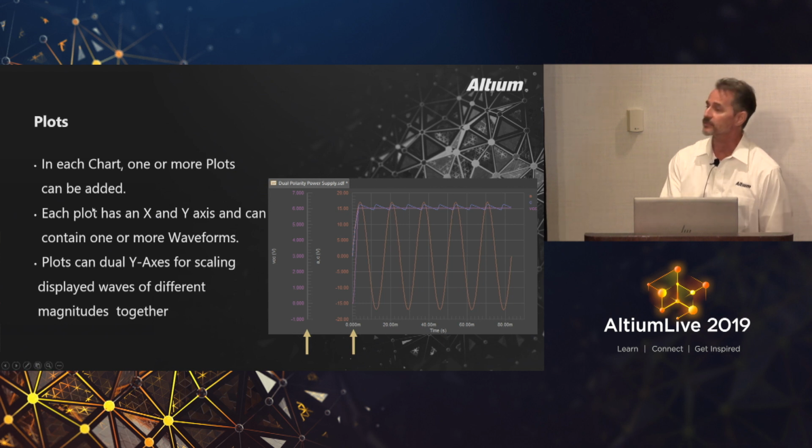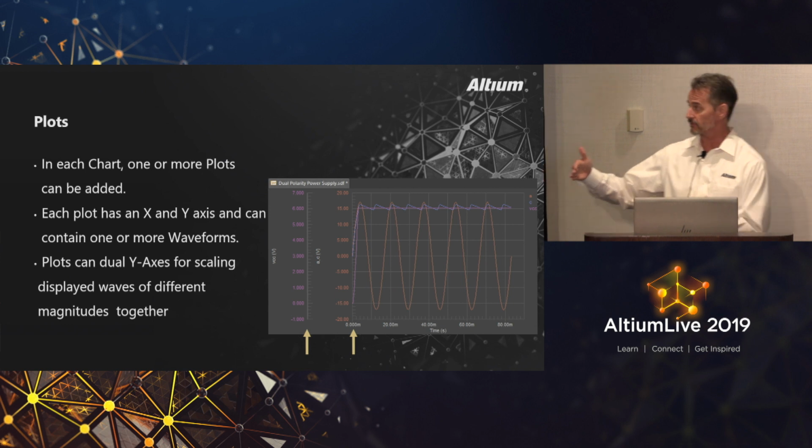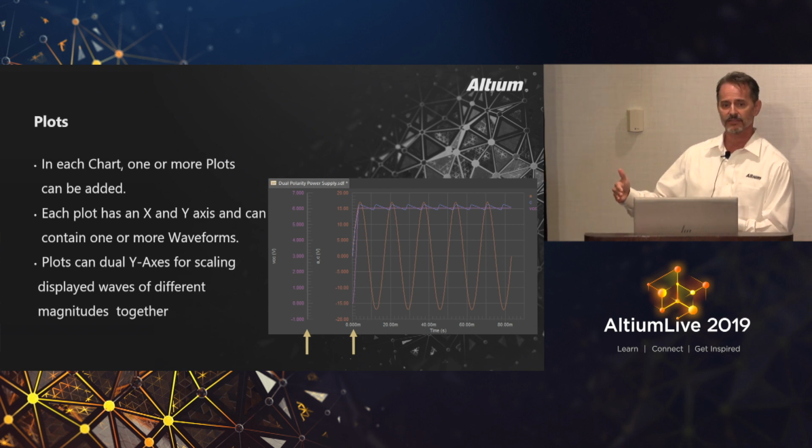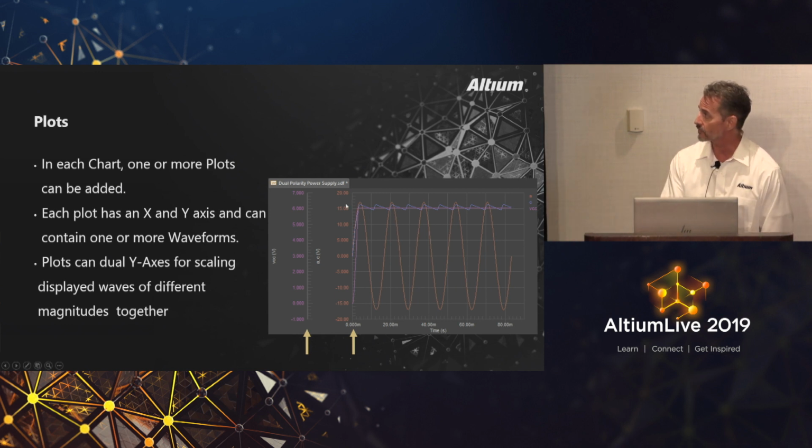You can also, if you have waveforms that are different magnitudes or a lot of different scale, add a second y-axis to your plot. So this here will be the plot. We've got the y-axis and the x-axis. You can add a second axis. Now, when you add a waveform to the plot, it'll have a little arrow depending on which axis is created. And when you add your waveform, it'll add it to the corresponding axis.